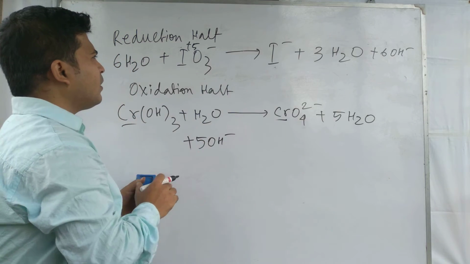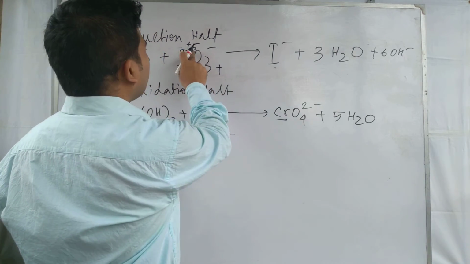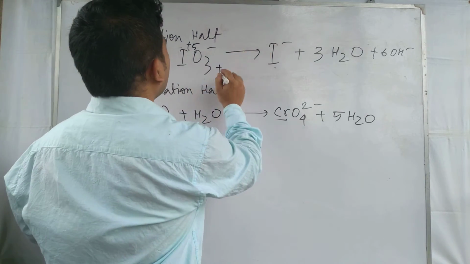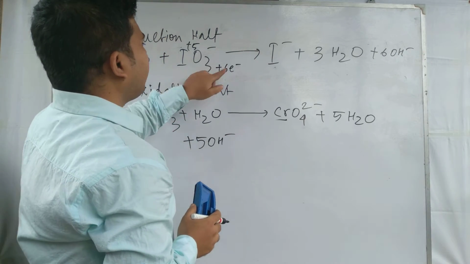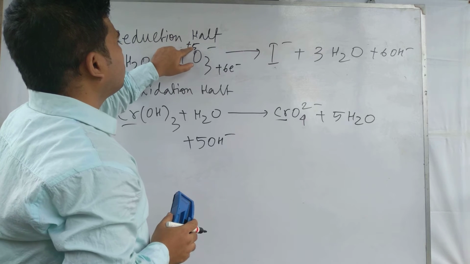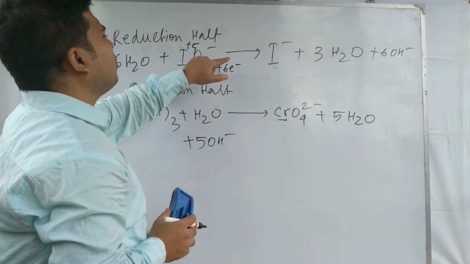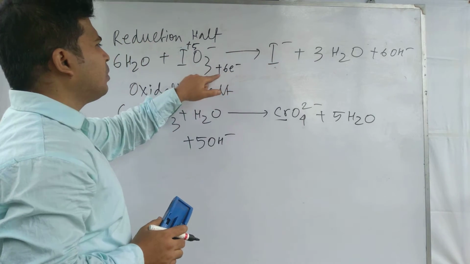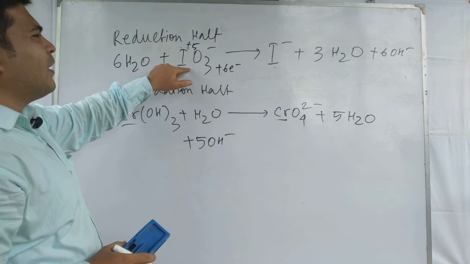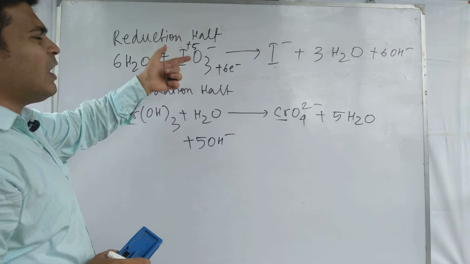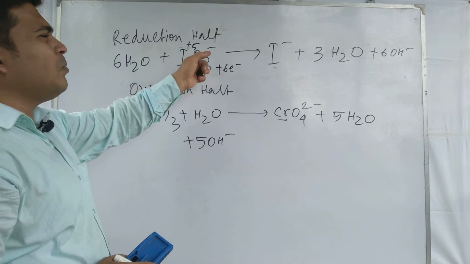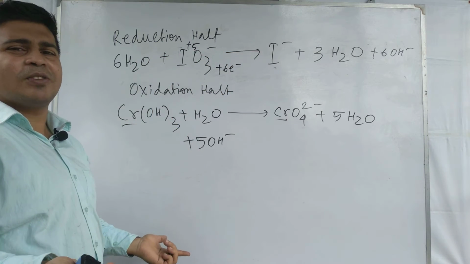So we can change the +5 oxidation state to -1 if we add 6 electrons here. By adding 6 electrons here, this +5 charge on iodine will be changed to a -1 charge. So our equation will become charge balanced, means the charge becomes equal on both sides.